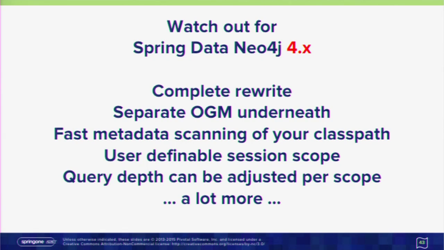They have the OGM, the Object Graph Mapper, separated now. They have fast metadata scanning. They have now a session scope so that you can say, in my HTTP session, I want by default to not only get this asset, but also the related assets with a query depth of, for example, 2. And you can define that now per session instead of the fetch annotation we had previously with other versions.